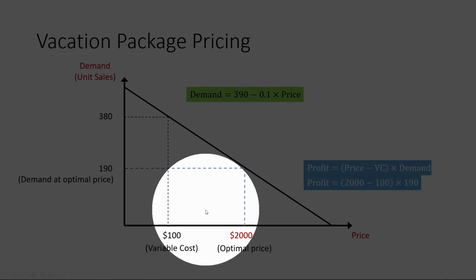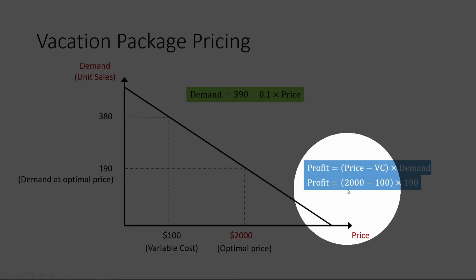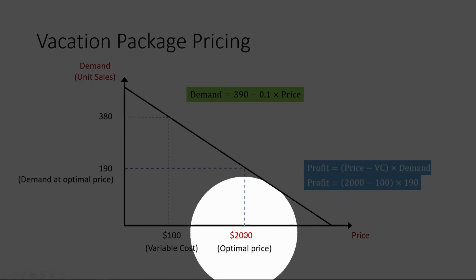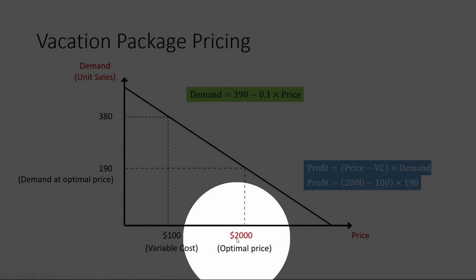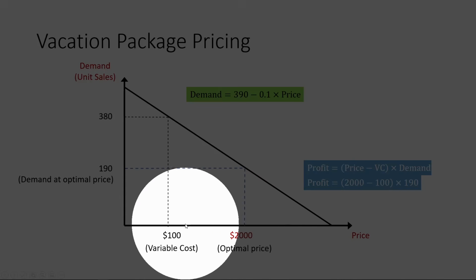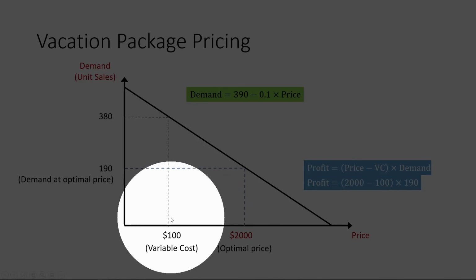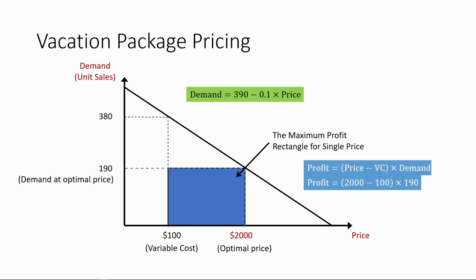We can use this graphic to display what the profit looks like. Let's look at this calculation: 2,000 minus 100 times 190. That is basically the length of this times the height of this. So essentially, profit is simply the size of this rectangle.